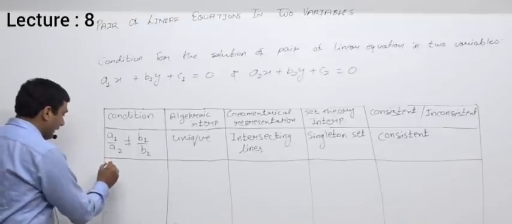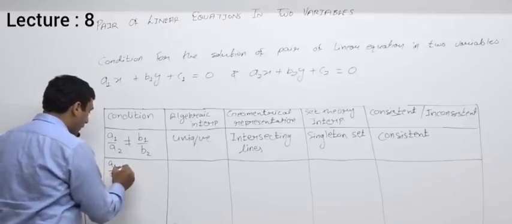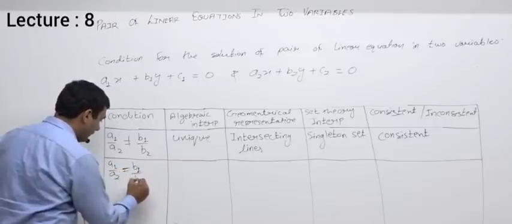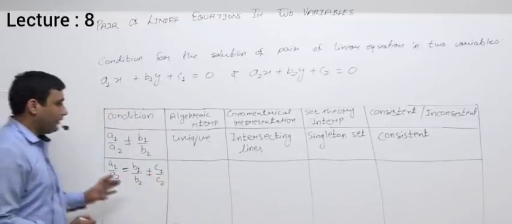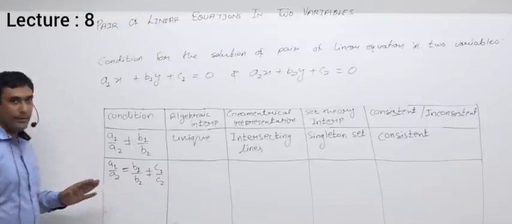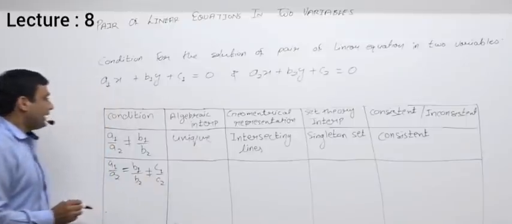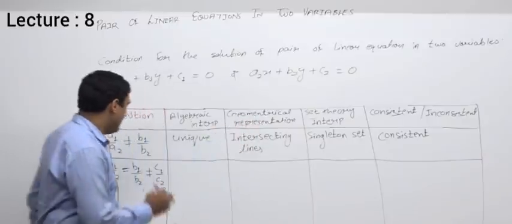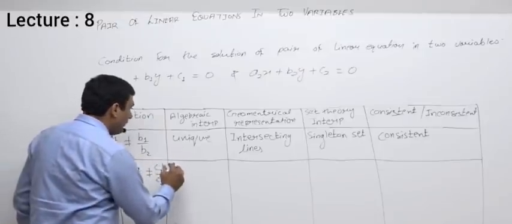Now the second condition: if we have a1 upon a2 equal to b1 upon b2, not equal to c1 upon c2, then what will be its algebraic interpretation and geometrical representation, that we'll see. In this case, we'll get no solution.